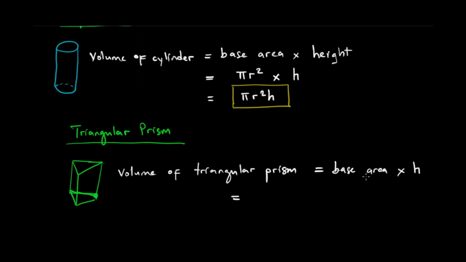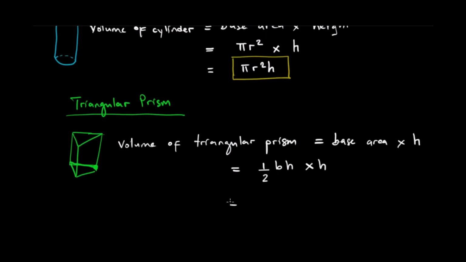What is the base area? How do we get the area of a triangle? Generally speaking, area of a triangle is going to be half base times height. So it's half base times height, multiplying by the height, which simply means here it's going to be half of base times height squared.